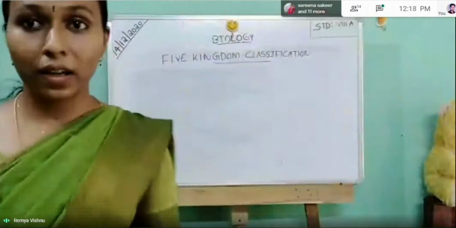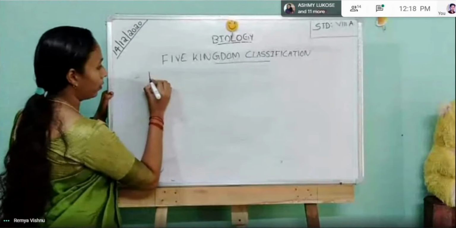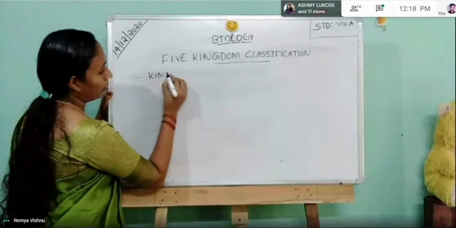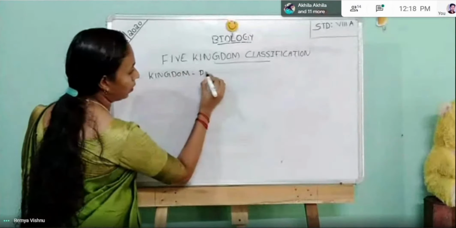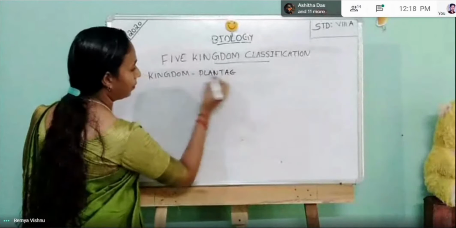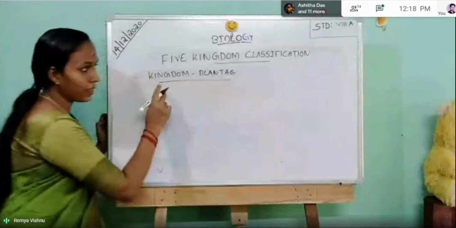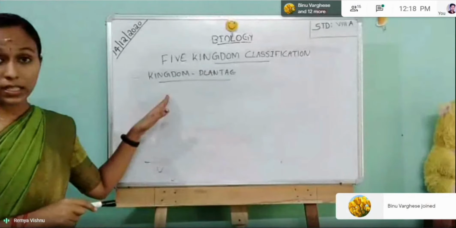The fourth kingdom is kingdom Plantae. In this kingdom, all the plants on the earth are included.